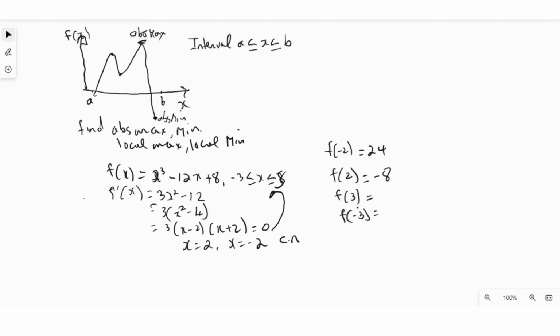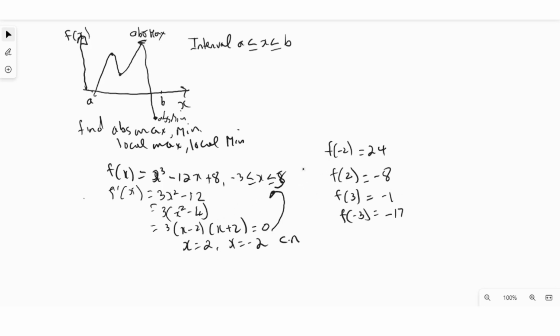I substitute 3 on the original one, 27 minus 36, which is -1, and I substitute -3, which is -27 plus 8, which is -19, and then we have 36, so we get -17.